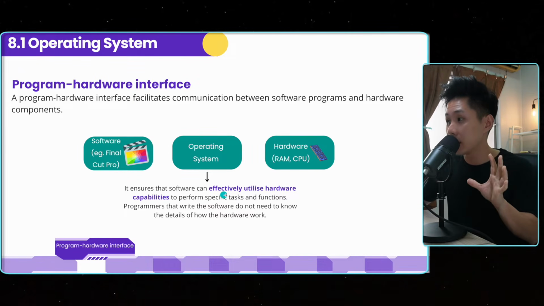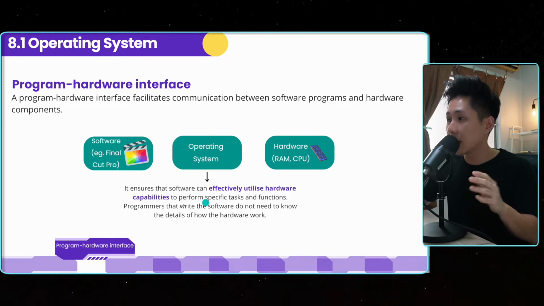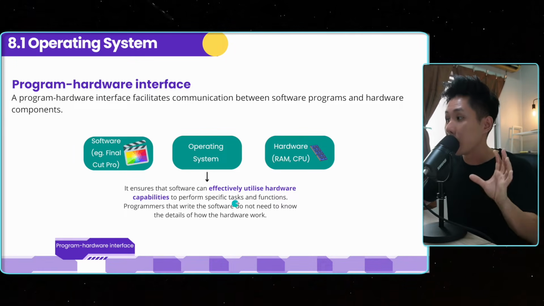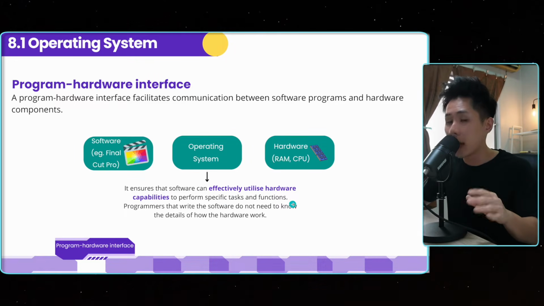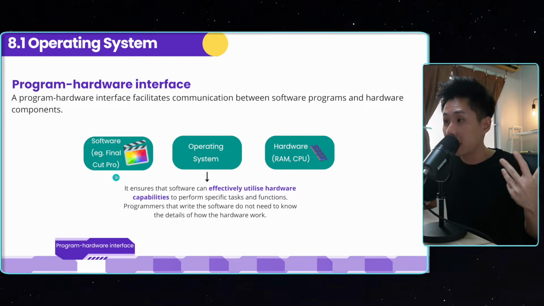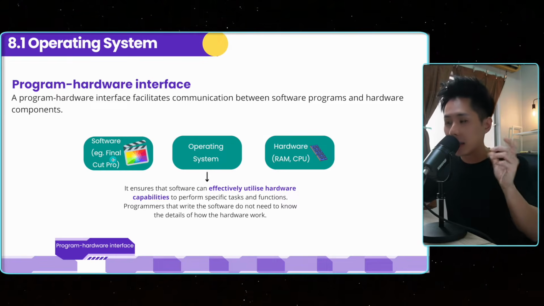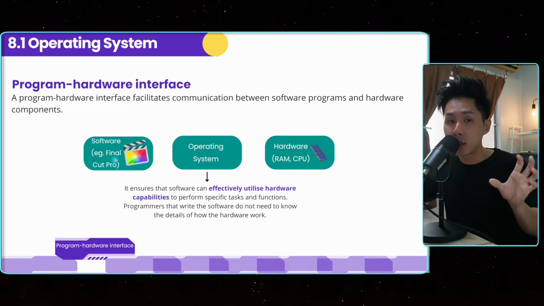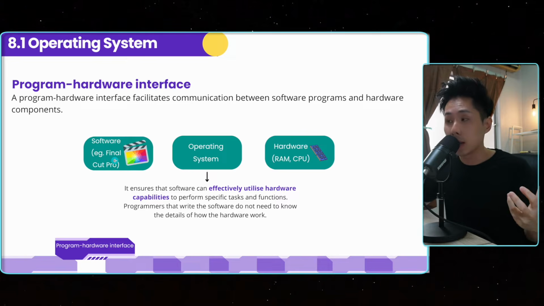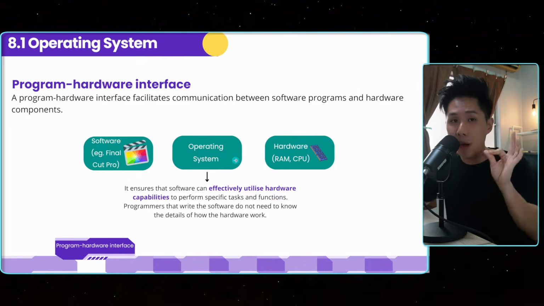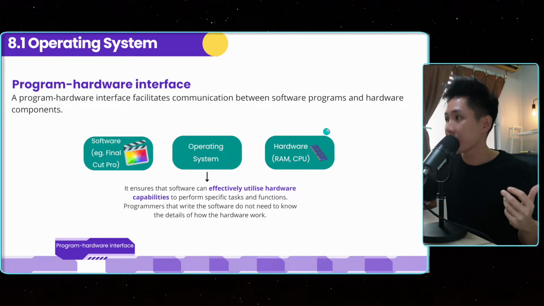So it ensures that software can effectively utilize hardware capabilities to perform specific tasks and functions. So as a programmer, if you are the creator of Final Cut Pro, you do not need to know how hardware functions. You just need to follow a certain procedure because the operating system will allocate all these things for you.